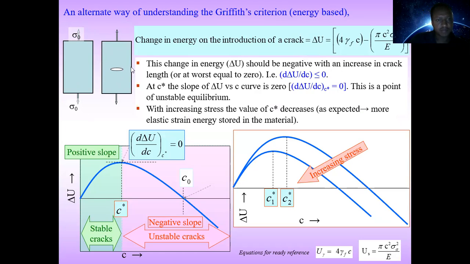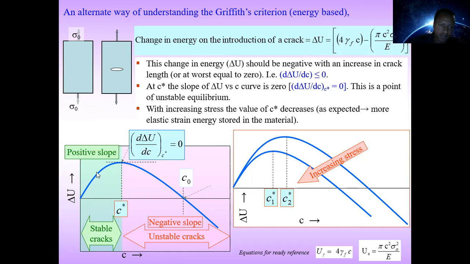And once this happens, a small crack propagates. The change in energy on the introduction of the crack, ΔU, is equal to 4γ_f c minus π c squared σ_a squared over E. This change in energy ΔU should be negative with an increase in crack. Look here, dΔU over dc is 0 at this point.